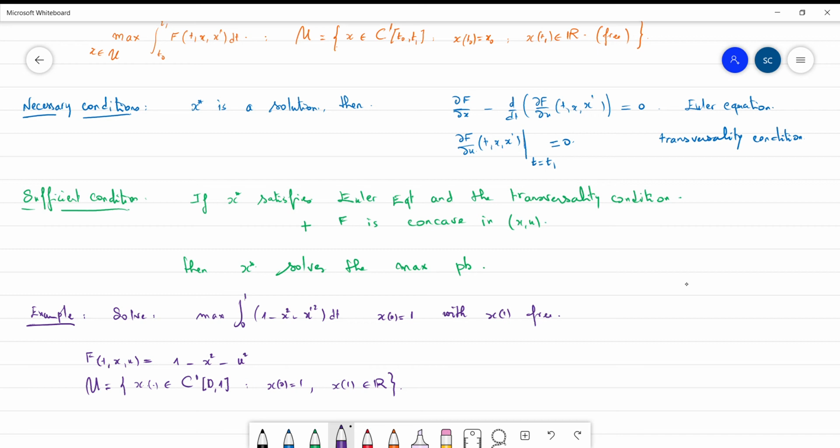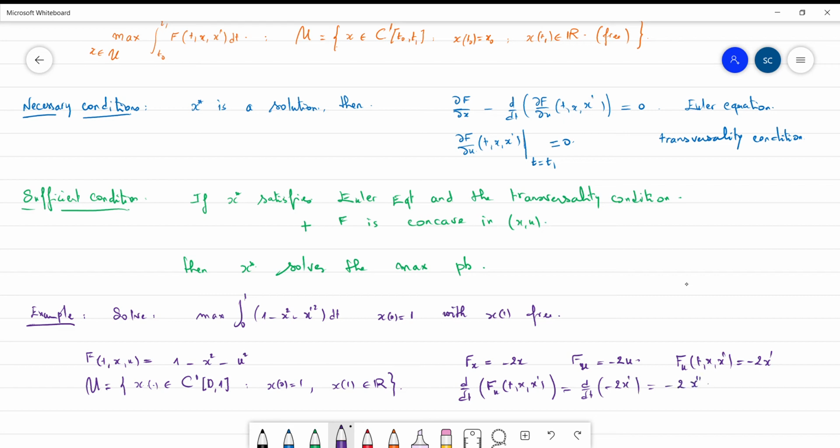Then I will need the partial derivatives: f_x is minus 2x, and f_u is minus 2u. Now I will need the derivative in t of f_u at (t, x'). The role of u is played by x', so it's minus 2x'. Therefore, when I differentiate, d/dt of minus 2x' is minus 2x''.